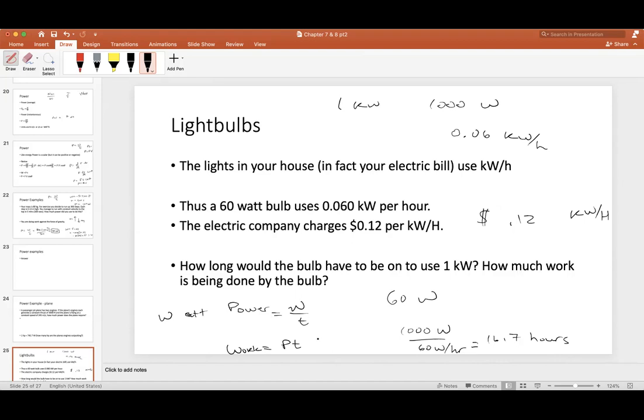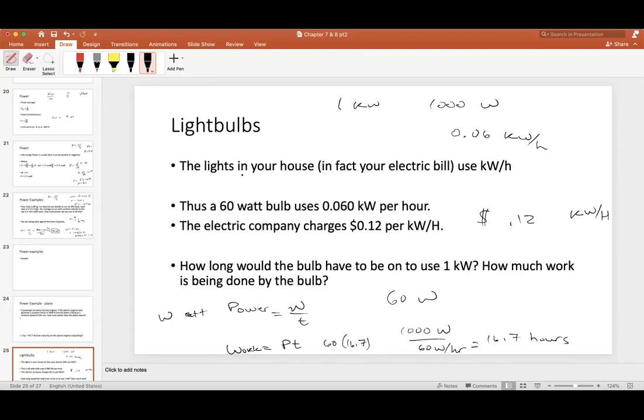So a 60-watt light bulb times 16.7 hours gives us the work. And 60 times 16.7, checking my answer, is 1,000. I'm sorry, it's 1,000 joules, okay?